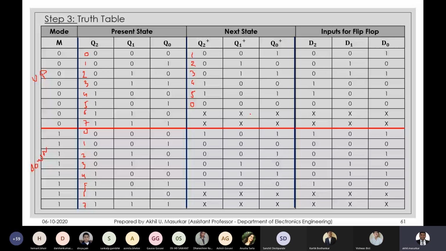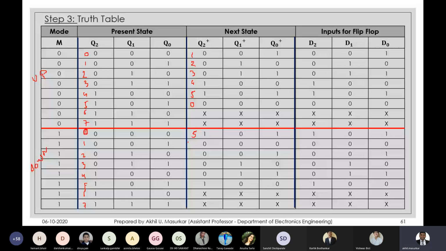Similarly, now if you look at the other part of the table, that is below the red line. So the present state, if it is 0, the next state should be 5. That means I want to count down.